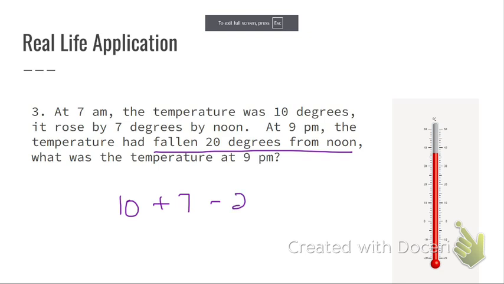So it was 10 up to 17, now down 20 degrees, so -3 degrees. So here we are, we're at 10, up 7, but then down 20.